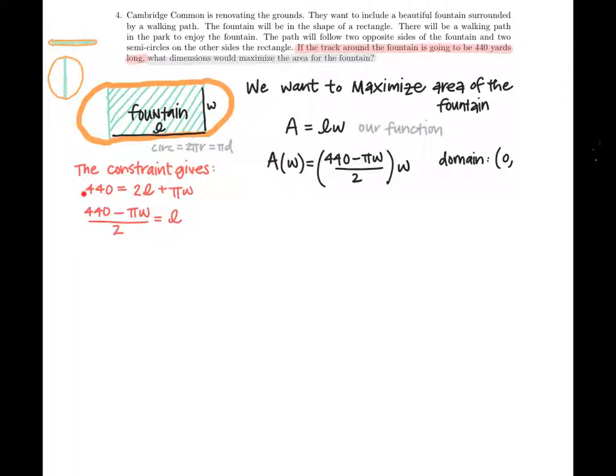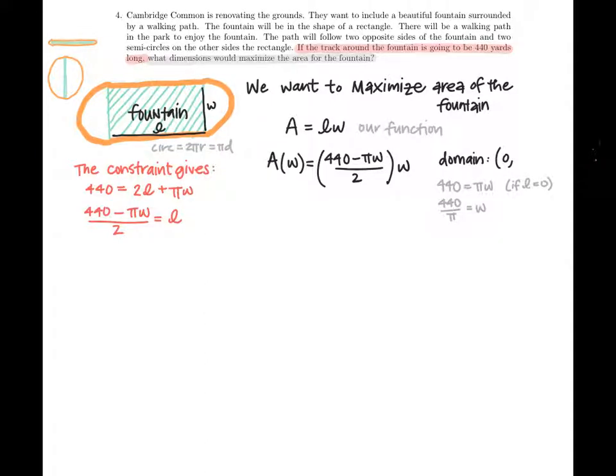So we can look back at this constraint and say, if L is 0, that's where W is going to be maximized. The burden is really on W to spend that 440 feet of walking path. And so I can do a quick calculation on the side here that will tell me what W would need to be in order to spend all of the fencing on the semicircular sides.